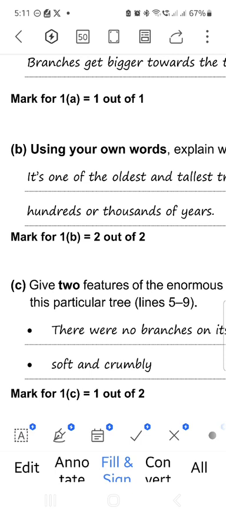Because you have been asked to explain, you are not going to copy the sentences from the text. If you copy the words of the text, you are not going to get marks. So using your own words, you are supposed to write the answer in your own words.